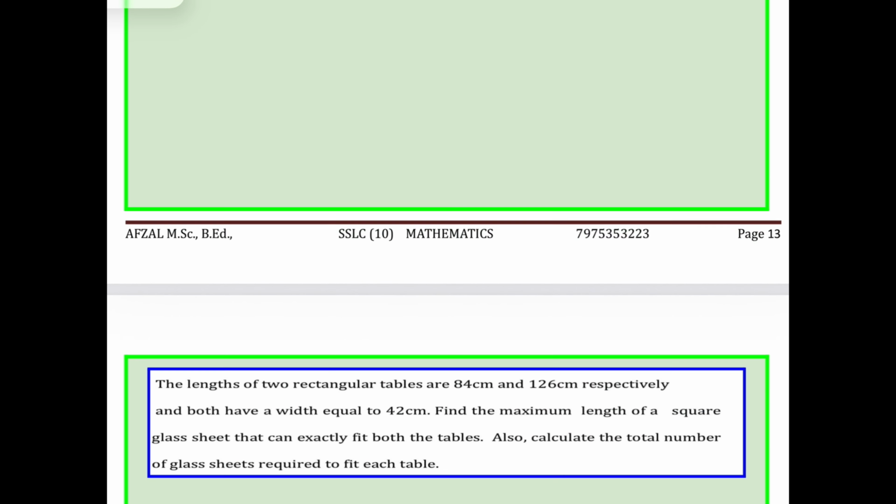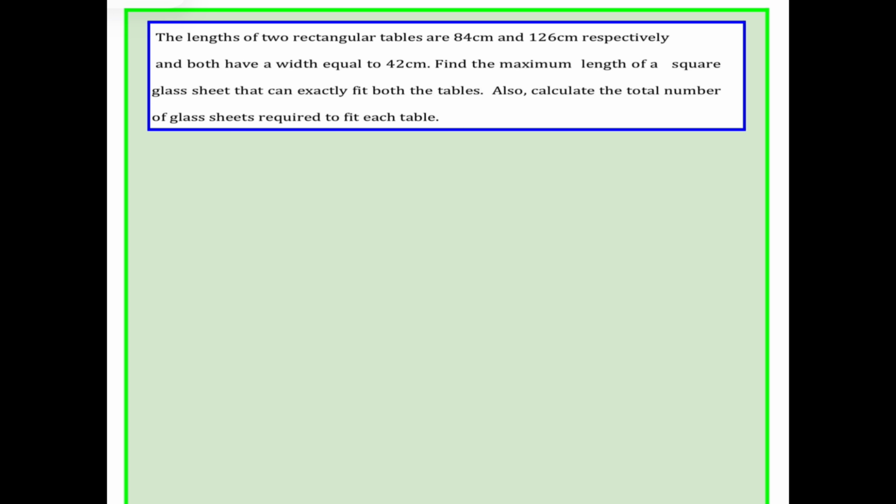Next question. The lengths of two rectangular tables are 84 and 126 cm respectively, and both have the width equal to 42 cm. Find the maximum length of square glass sheet that can exactly fit the tables, and also calculate the total number of glass sheets to fit each table.